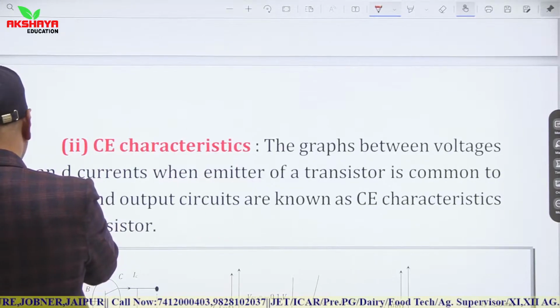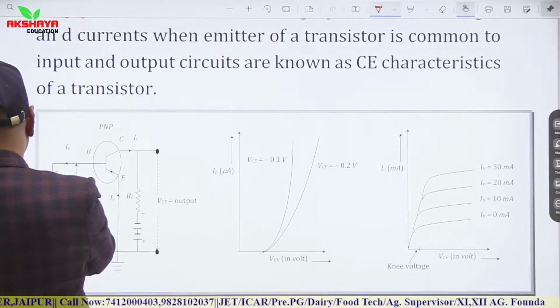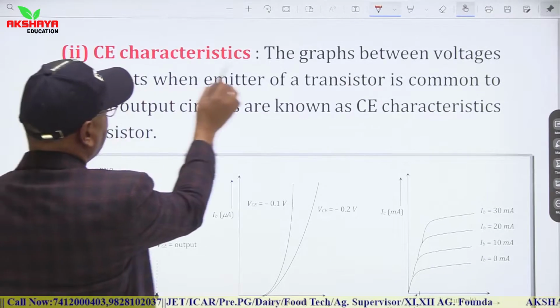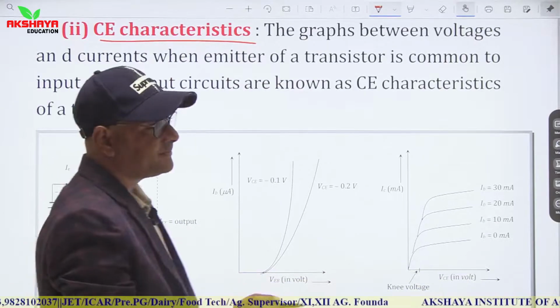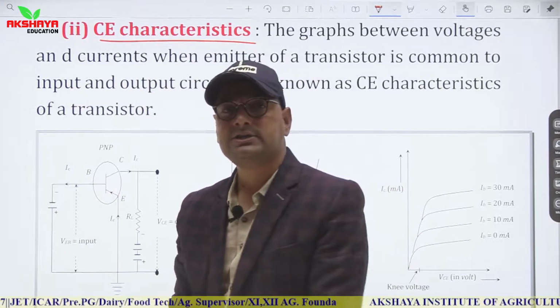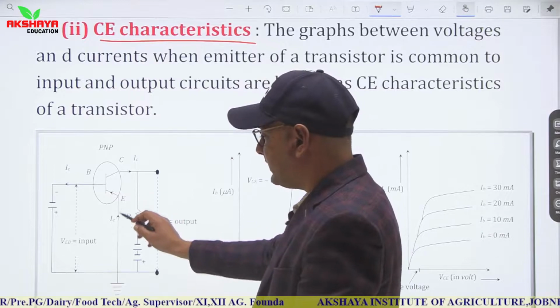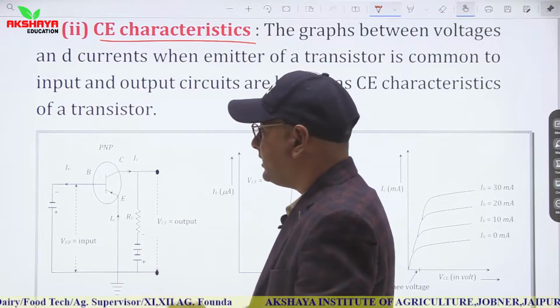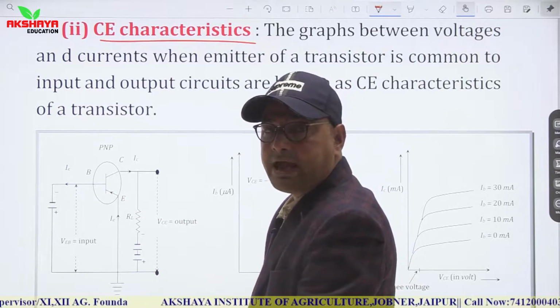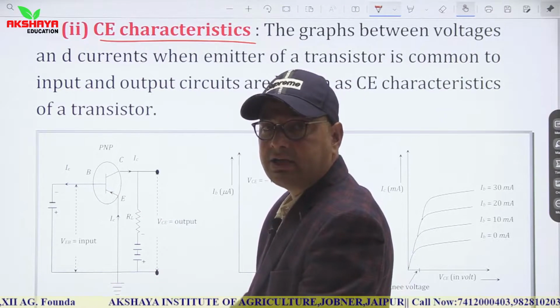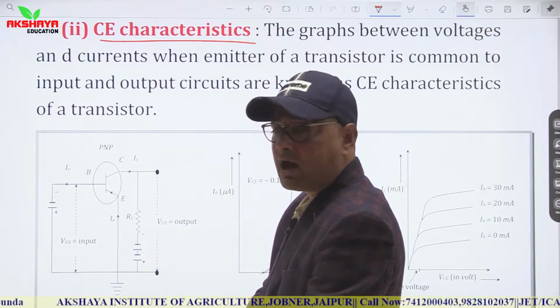Now let us talk about CE configuration. So in CE configuration, common emitter configuration, here we can see that emitter region is kept common. So we can see now emitter is common and base is in input and collector is in output. Again, we have to keep it in forward bias in input circuit and reverse bias in output circuit.